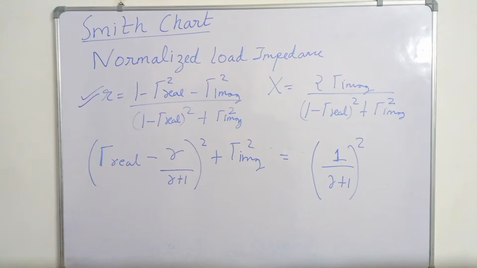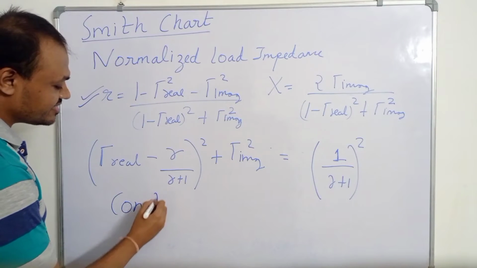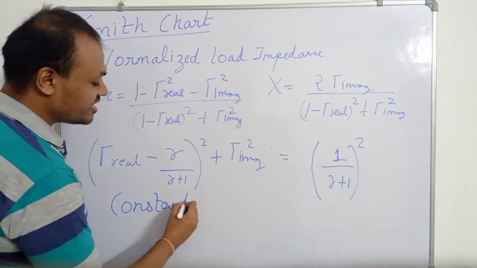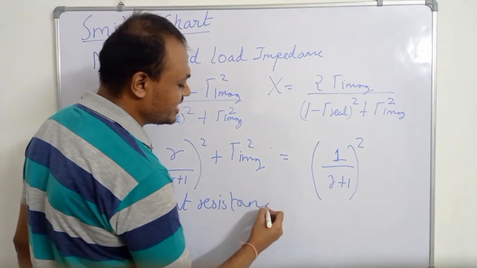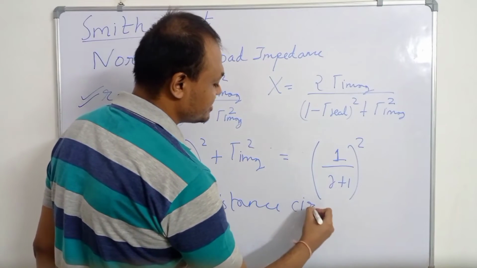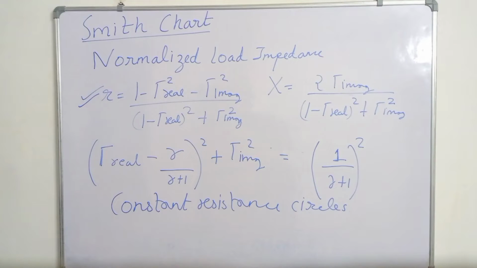Okay, so this is an equation of a circle. These form constant resistance circles.